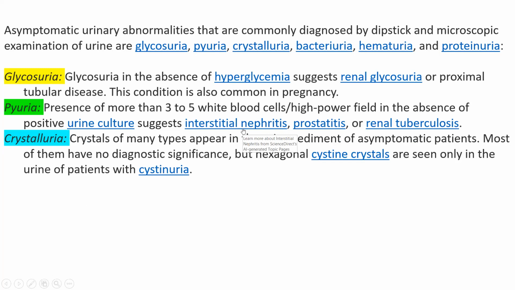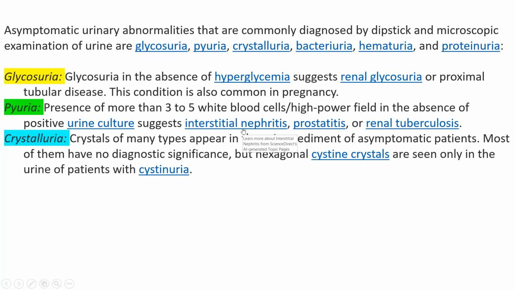Urine specimen is oversaturated with crystallogenic substance. That is the meaning of crystalluria, okay?